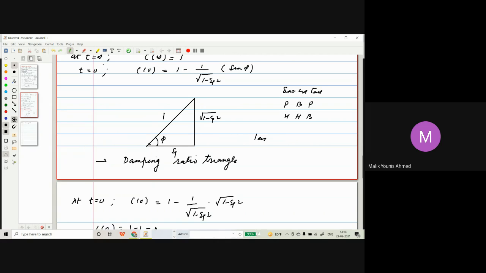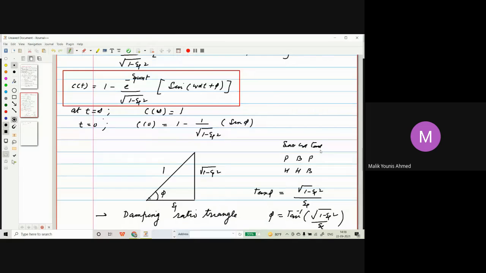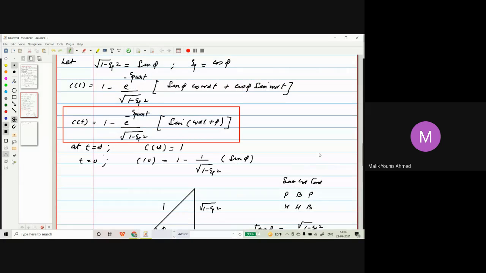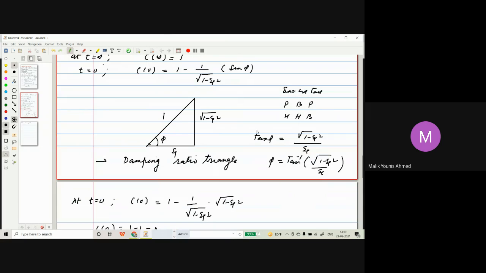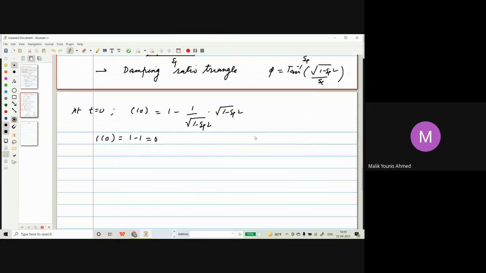Tan phi will be perpendicular by base, that is under root of 1 minus xi square divided by xi. So phi can also be obtained as tan inverse of under root of 1 minus xi square divided by xi. So you have all the three values. If you have to include the value of phi, everything has to be in terms of xi, so it is tan inverse of under root of 1 minus xi square divided by xi. This is the value of phi.